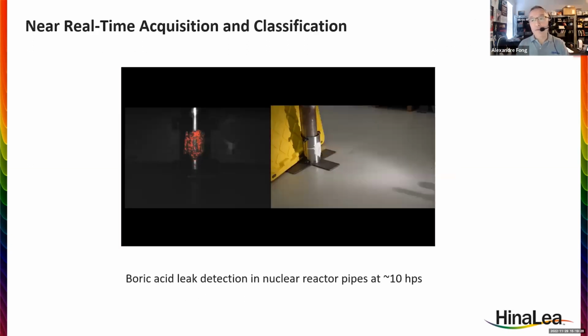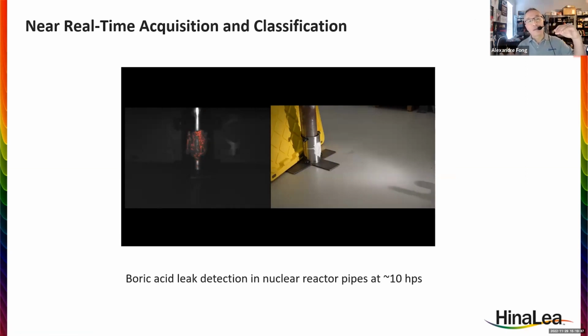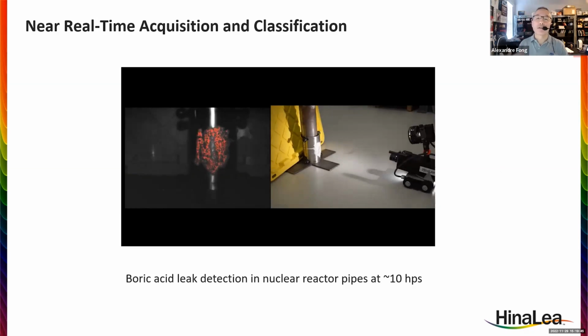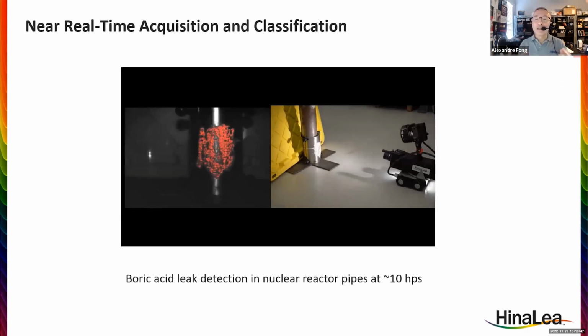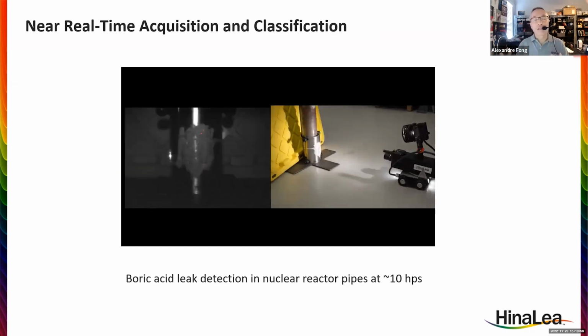So just a quick demonstration of this working in real time. This is actually a nuclear reactor pipe, and we're detecting boric acid deposits. This sort of corrosion occurs when there is leakage in a nuclear reactor head, and there's a moderator, which is boric acid, or boron rather, on the surface.